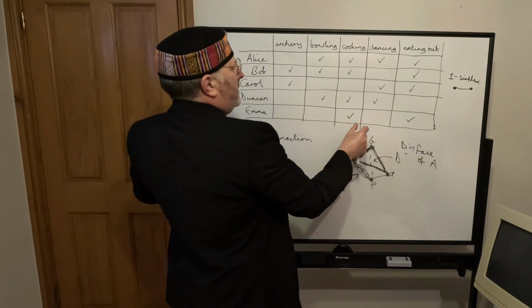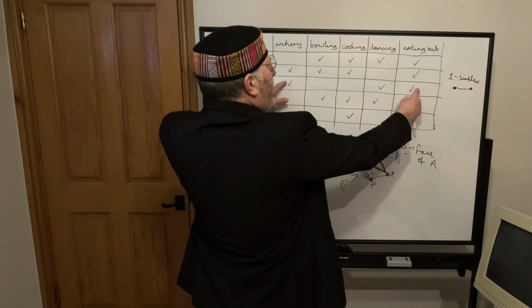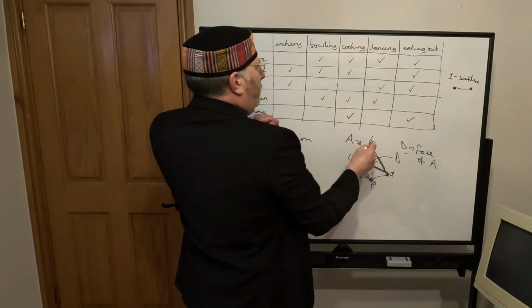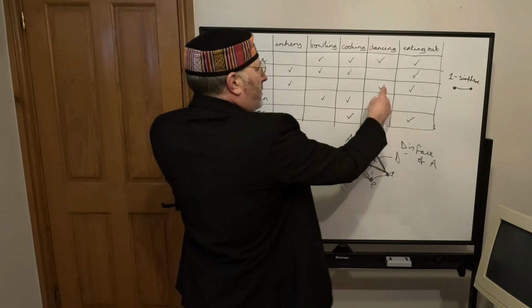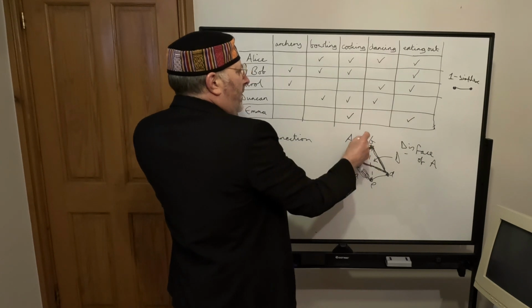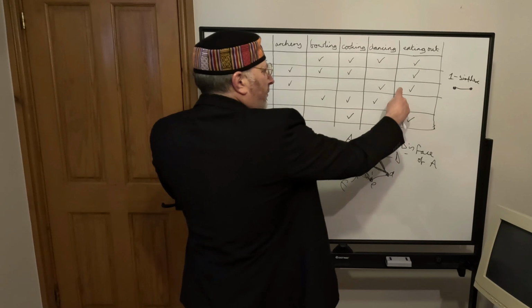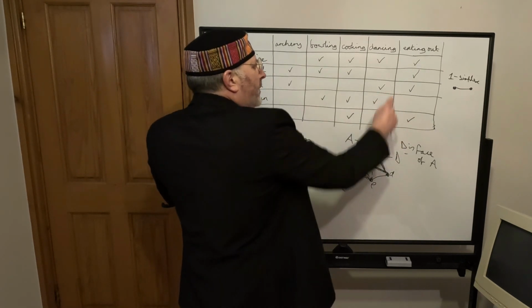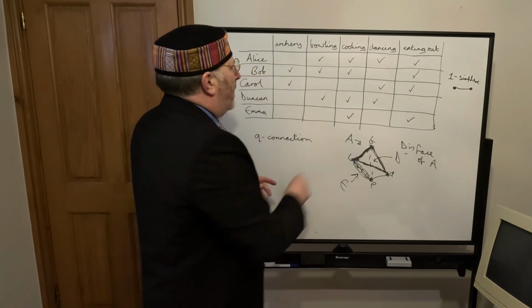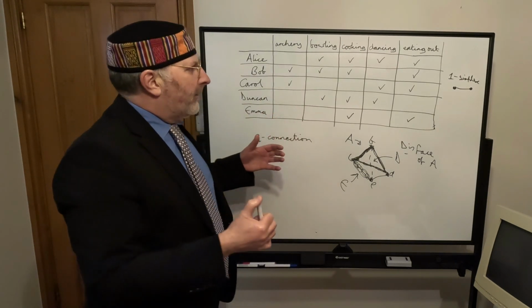She is 1 connected to Bob by those 2 points. She's only 0 connected to Duncan via that, and she's 0 connected to Emma. So Carol is only 1 connected to the rest of the complex.